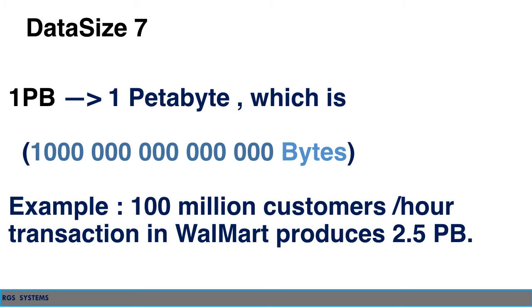To give you a simple example, in Walmart, every hour, transaction data from 100 million customers is stored, which is around 2.5 petabytes. That's just for an hour. What happens if the store is open for more than 7 or 8 hours, and you've got multiple stores and multiple locations? You still need a bigger number to represent that much data.